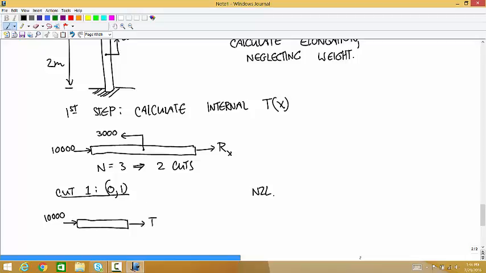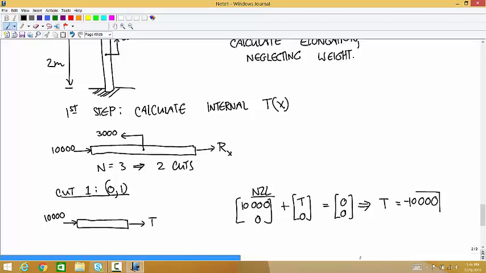So Newton's second law says 10,000 plus T equals 0, and so for that first cut, T is equal to negative 10,000. So is the first piece in tension or compression? It's in compression, which means that over that first half of the beam, we're going to expect it to get shorter.